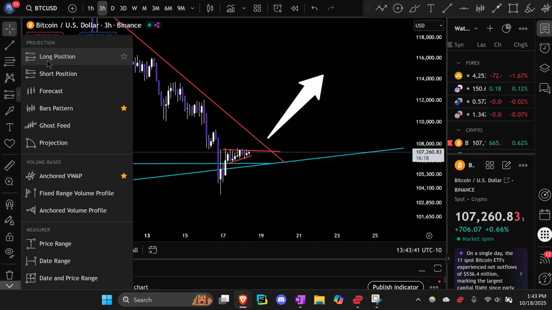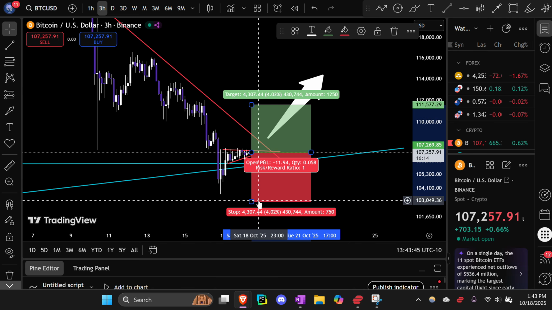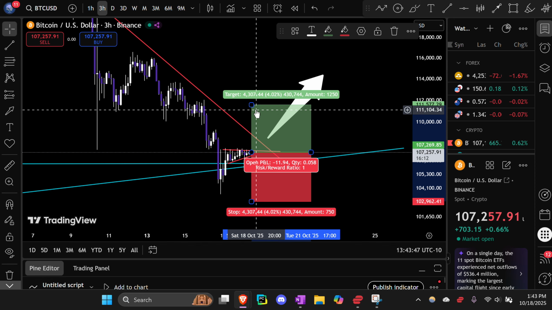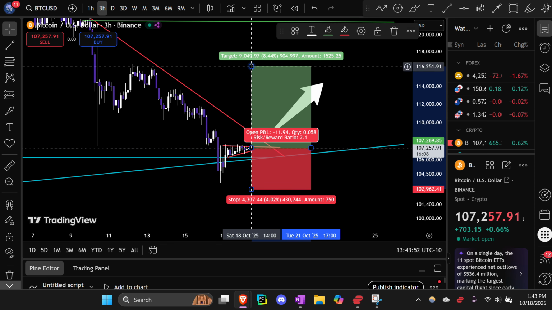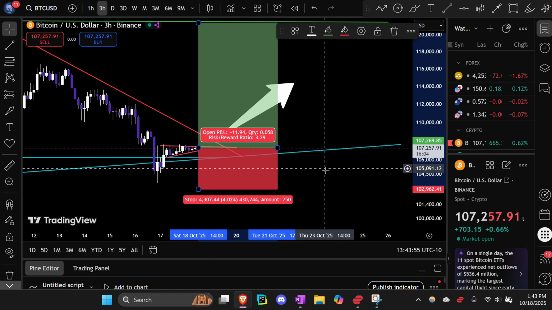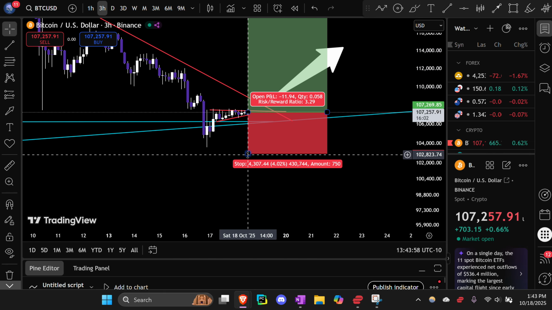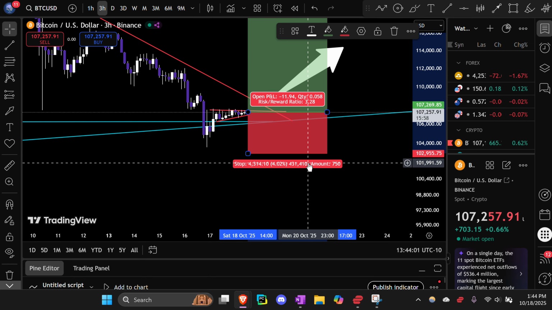It's just trader lingo. So long, and let's say you're entering right here. The green represents your reward potential. Let's say you move it all the way up here, and you're like, well, my reward potential is up all the way up here. Now, this is your stop loss, where are you willing to get out if price doesn't go your way?